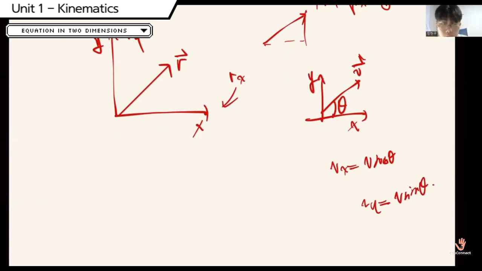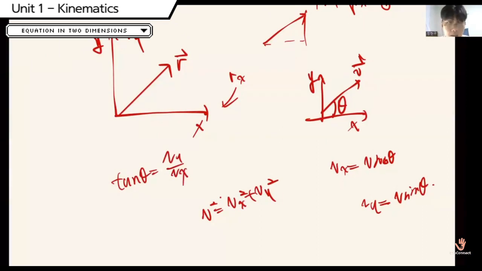The vector sum of the components is v squared equals v sub x squared plus v sub y squared, and tangent theta is equal to v sub y divided by v sub x.